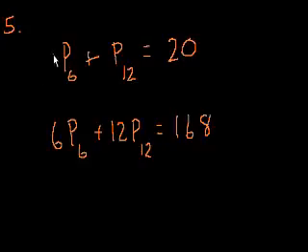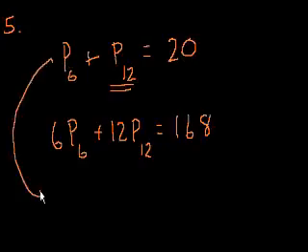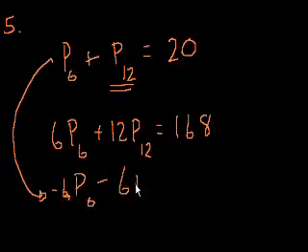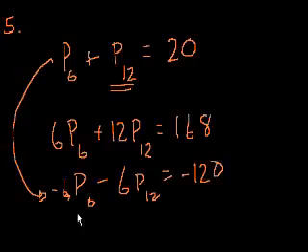So they want to know how many packages of the 12 bagels he bought. So they want to know what P sub 12, or whatever you want to call that, is. So if we want to do that, let's cancel out the P6's. If we multiply that top equation by minus 6, you get minus 6 times the 6 packs minus 6 times the 12 packs, is equal to minus 120.